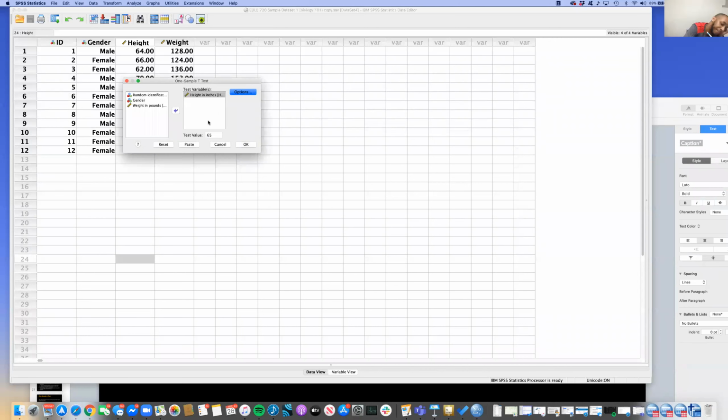And so the population mean goes into test value. Right. And our sample mean that we're pulling from our class, what we're interested in knowing is, is the class mean height statistically significantly different from the average height for the entire country. Okay. So then we're going to click OK.